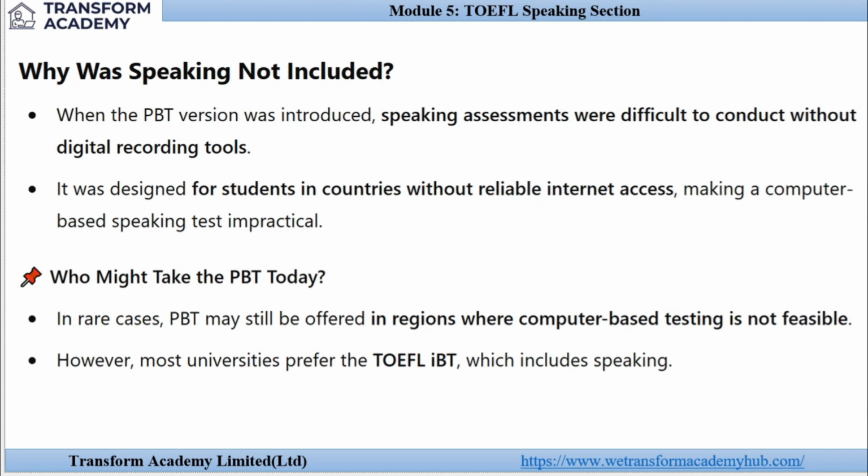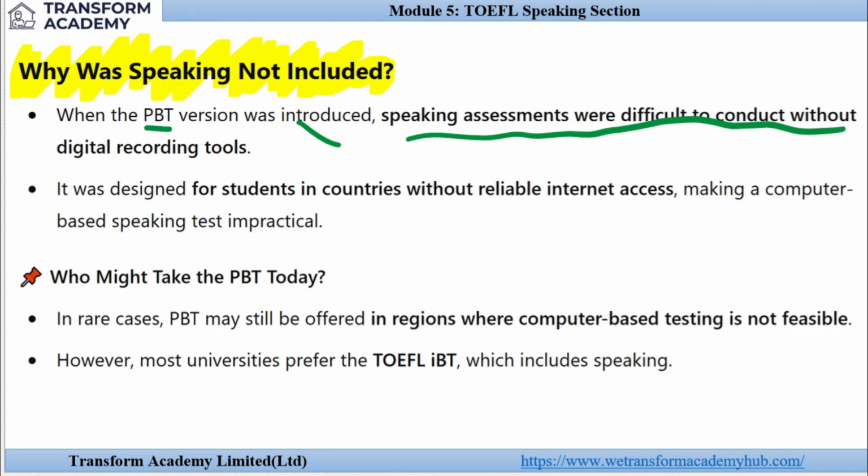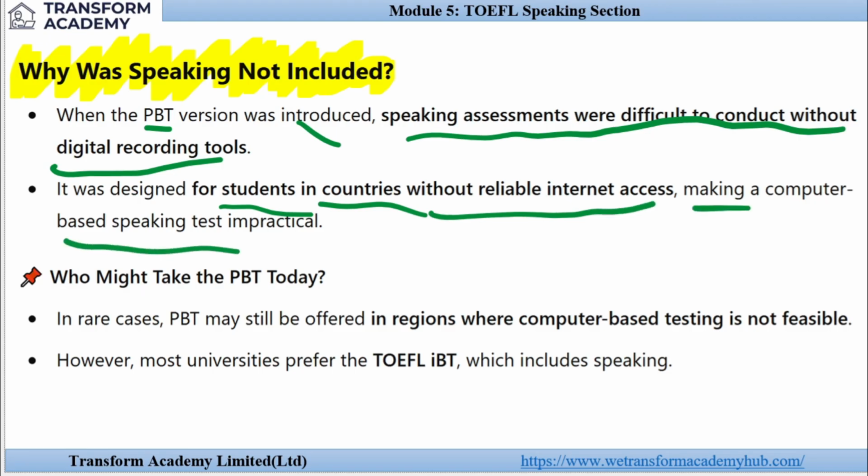Why was speaking not included? So when the paper based version was introduced, speaking assessments were difficult to conduct without digital recording tools. It was designed for students in countries without reliable internet access, making a computer based speaking test impractical.